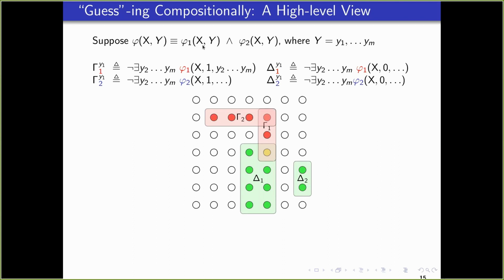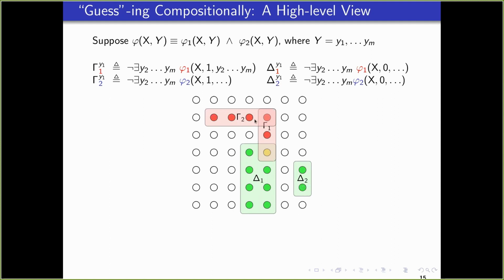Now, if you can't set y to 1 and satisfy phi1, then certainly you can't set y to 1 and satisfy phi1 and phi2. So this entire gamma 1 is going to be part of the overall gamma of phi, and similarly for gamma 2, because gamma 2 are the values of x for which you can't set y to 1 and make phi2 evaluate to true. But if you can't make phi2 evaluate to true, you can't make phi1 and phi2 evaluate to true. So all of gamma 1 and gamma 2 will be part of gamma for phi, and similarly for delta 1 and delta 2.